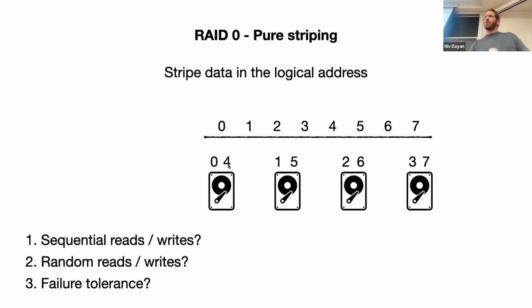And then we begin the stripe again, so we go back to the initial disk and we write another stripe. And each stripe consists of adjacent addresses, like 0, 1, 2, 3. Writing sequentially, so it's spread throughout the disks. Yes, I think we got it. Does everybody kind of get it? Okay.